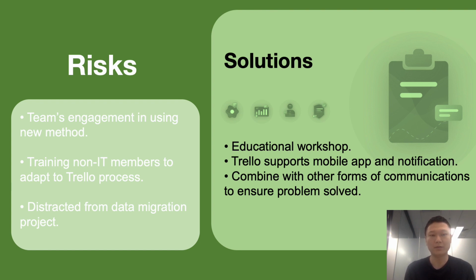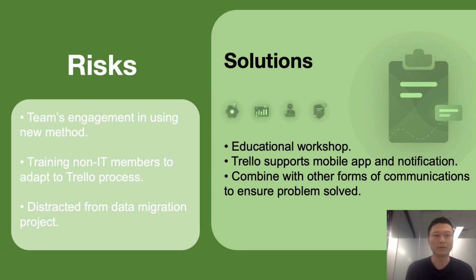When we want to use a new tool, we need to ask the team members whether they are willing to use it or not. So the solution is we ask all of them and maybe give them some forms to answer whether they are willing to use this one or not. We can also give educational workshops for the members and teach them how to use Trello or other tools.